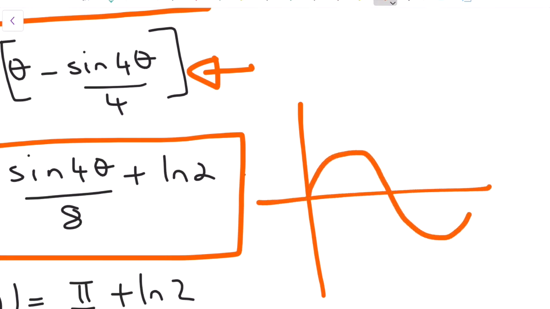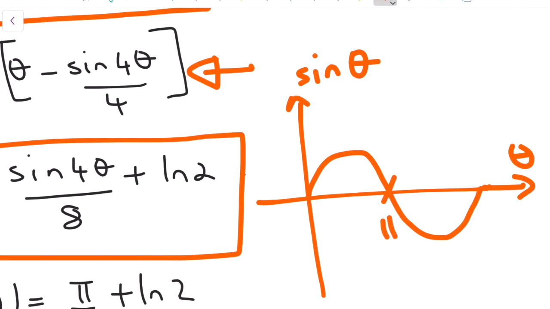And you should know this when taking exams, because you should know the graphs of cos, sine, tan, 1 over sine, which is cosec, 1 over cos, sec, and 1 over tan, which is cotan, cot. Okay, and then sine of θ, well, this is π. So then sine of 4θ, when θ is π/4, would be 0, right?